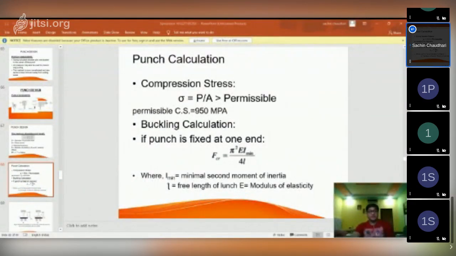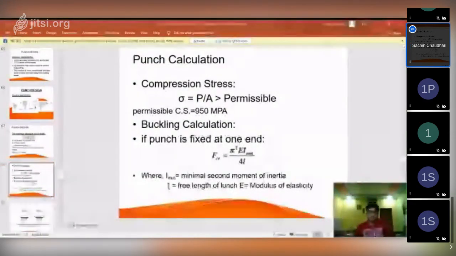Punch calculations generally depend upon the ratio between the length and the cross section, how much your length and how much the cross section of the punch is. According to that you can give the dimension of the punch in calculation.